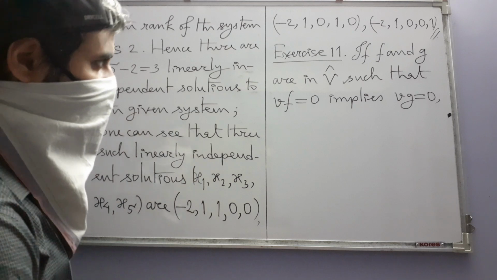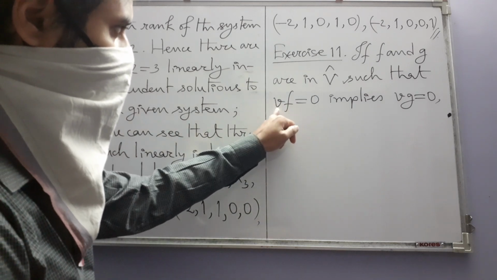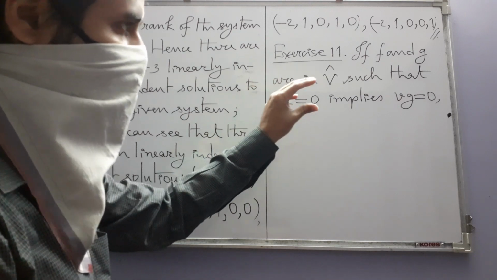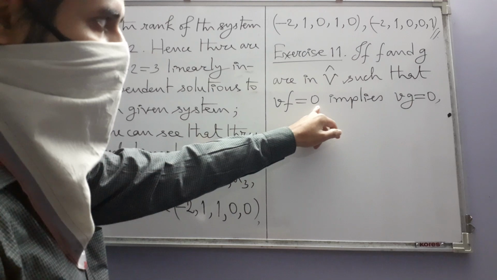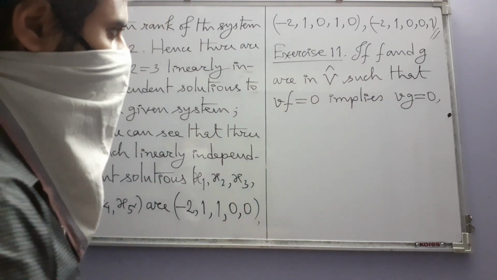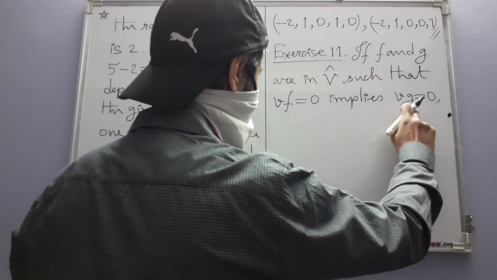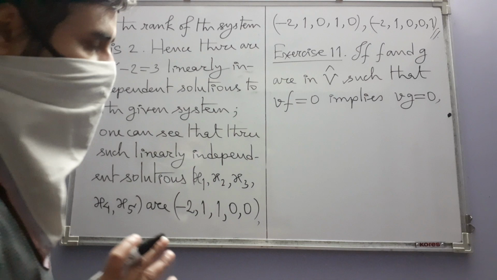Vf is the image of the vector v under f, and this vector v is coming from the original vector space capital V, and this 0 is the 0 scalar in the underlying field, whatever that is. Similarly, vg is the image of v under the linear functional g.